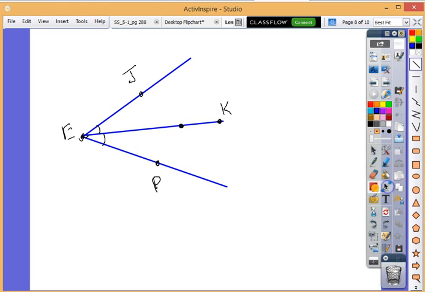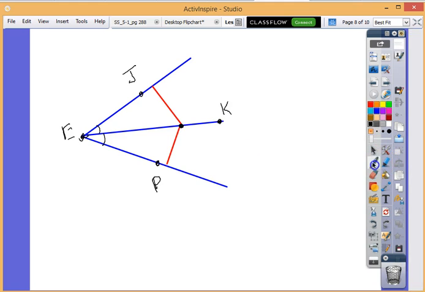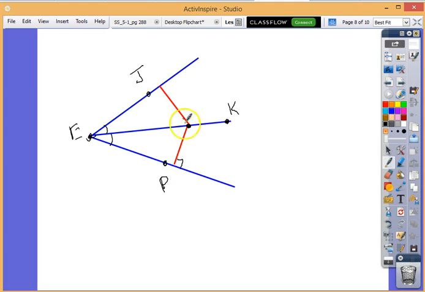So to draw a distance, I need to make sure that my line is perpendicular. Change color. So try to get that as close to perpendicular as possible. So I know that these two line segments are going to be equal.